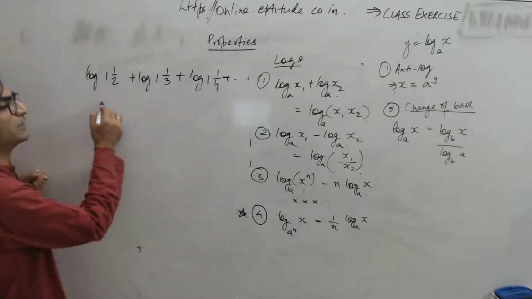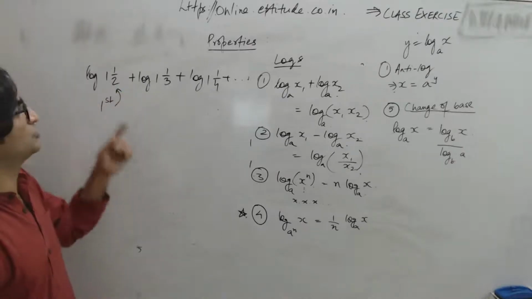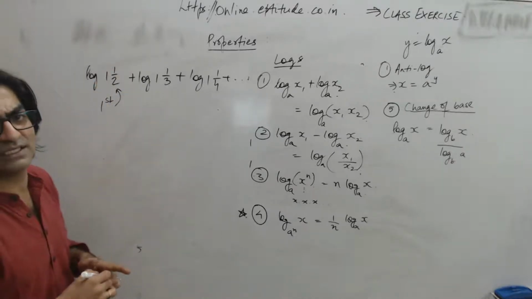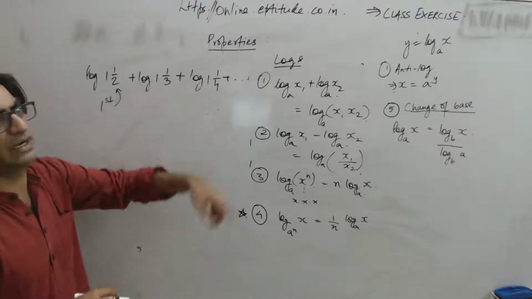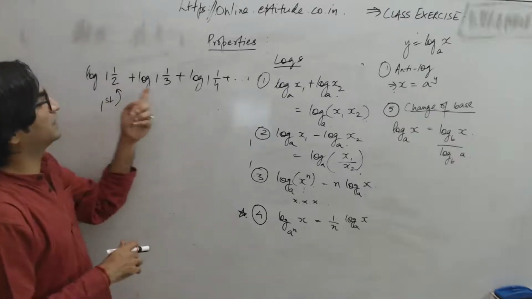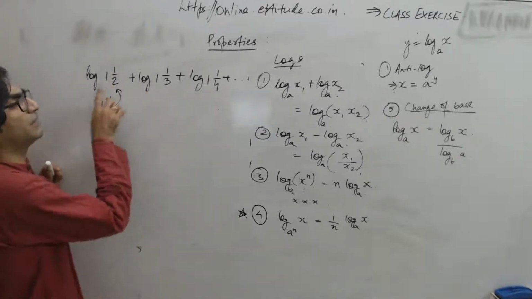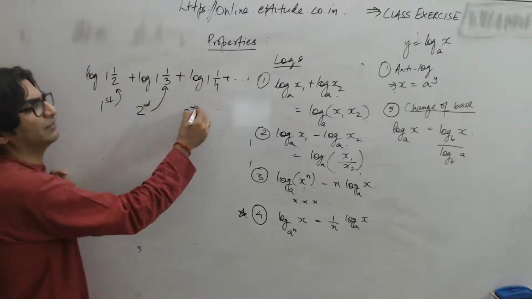So go back to the expression and say, okay, the first term has denominator as 2, because the numerator and the integer part of the mixed fraction are both 1. In fact, all numerators and all integer parts are the same, so the only thing is the denominator. For the first term, denominator is 2. For the second term, denominator is 3. Third term, denominator is 4.